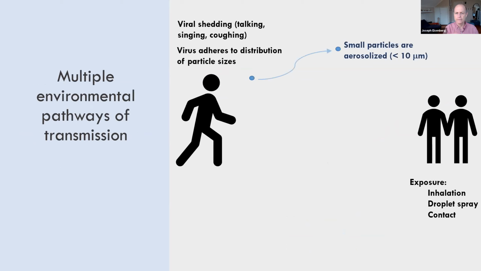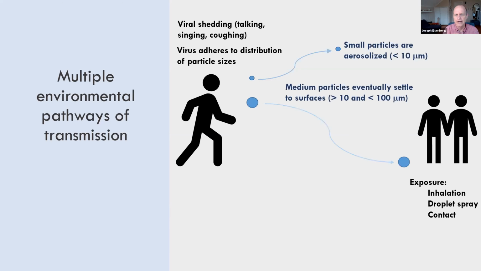So we've got the small particles that are aerosolized, and we may be interested in improving ventilation as an infrastructural change to minimize the impact of these aerosol particles. We've got the medium particles that are what we call droplets.